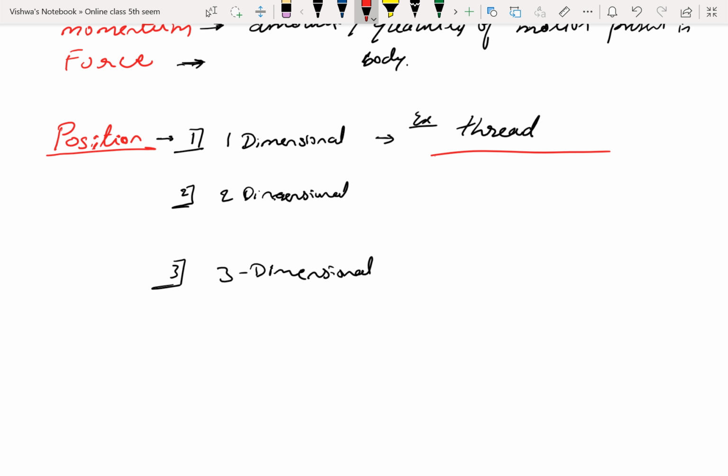It has only a one dimensional structure, that is only one length. Now the length of this thread is about 50 centimeter. We are not saying the thickness or the diameter of this thread, we are just saying the length of this thread is 50 centimeter.